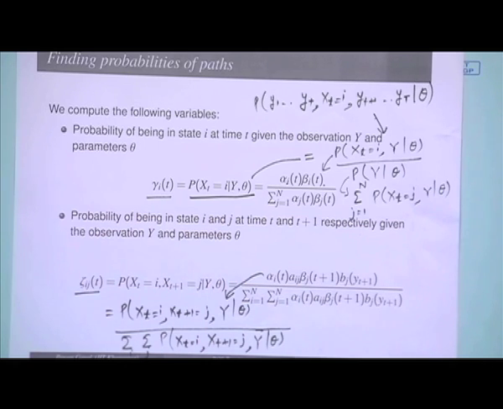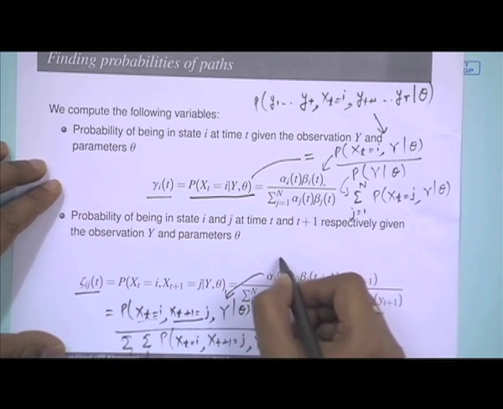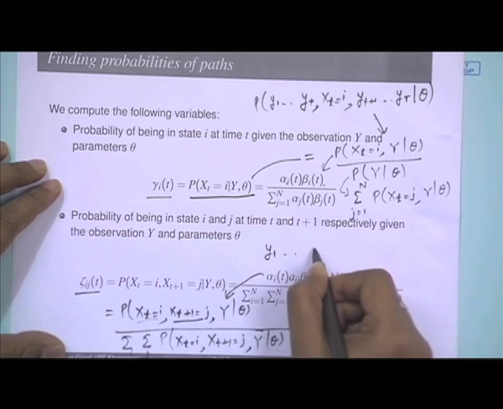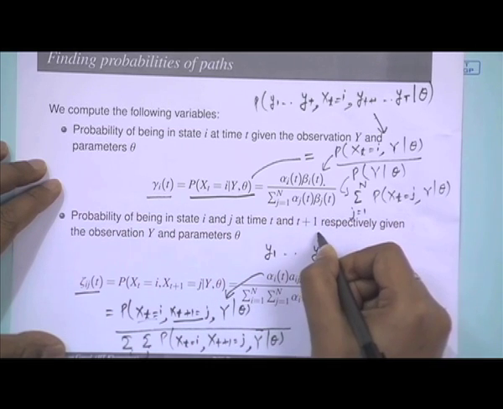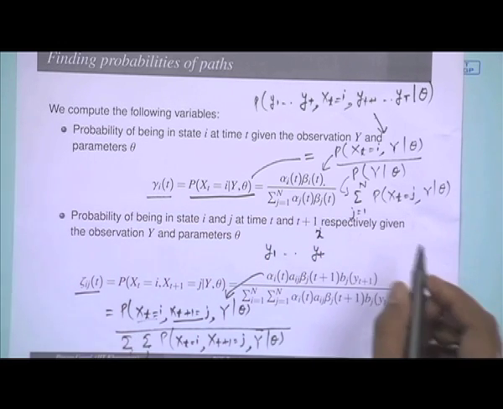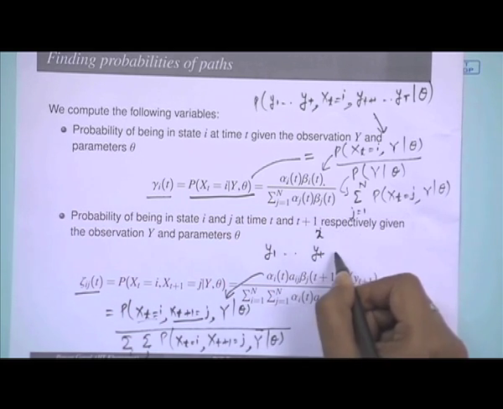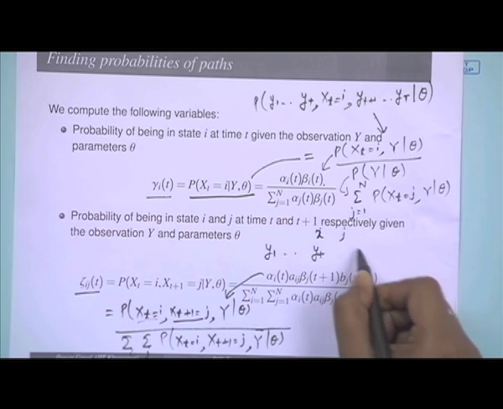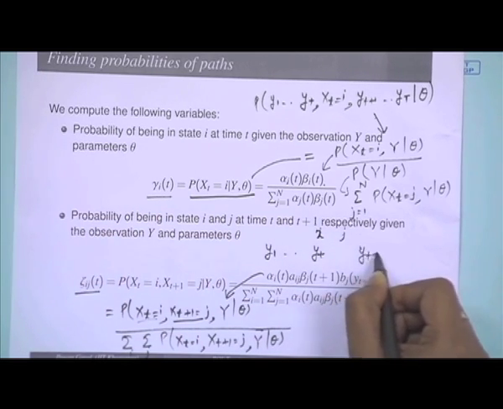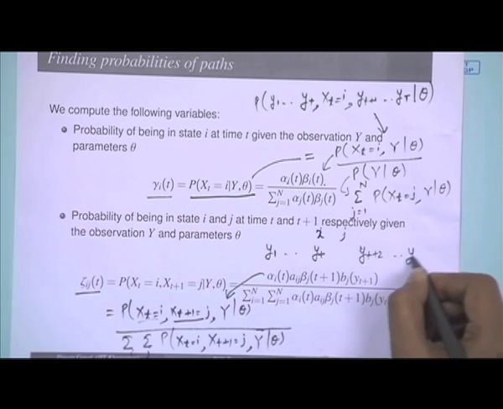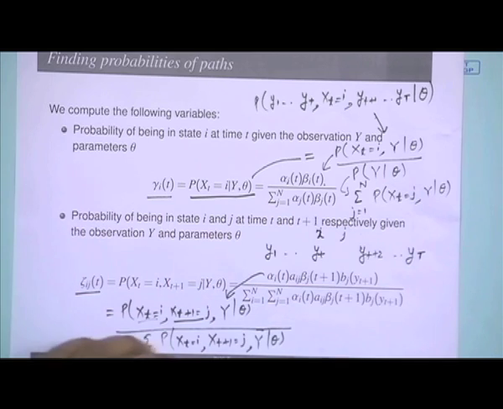Now, what is this? You are given a state at time point t and time point t+1. So what you are actually doing is that you are using the forward procedure from y1 to yt, and you will also get the state i at time point t, and you will use the backward procedure because you are given the state at time t+1, state j, backward procedure from yt+2 up to y capital T. Okay.